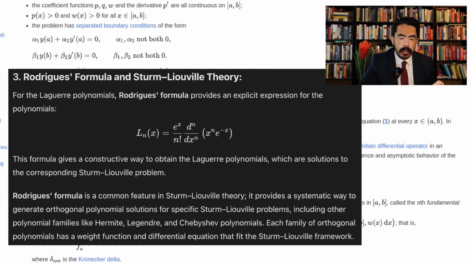So I'm going to bring this one step further, and we're going to mention what is called Rodrigues' formula, from Benjamin Olinde Rodrigues, who was, in addition to being a French mathematician, also a French banker, and he was also mentioned recently.